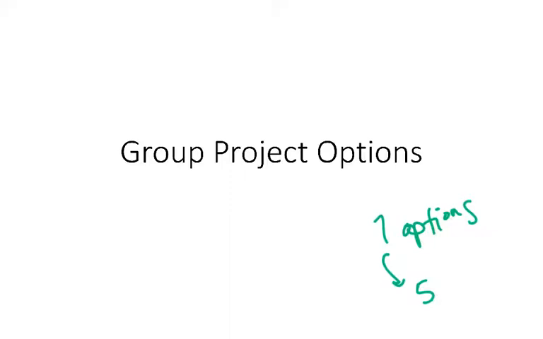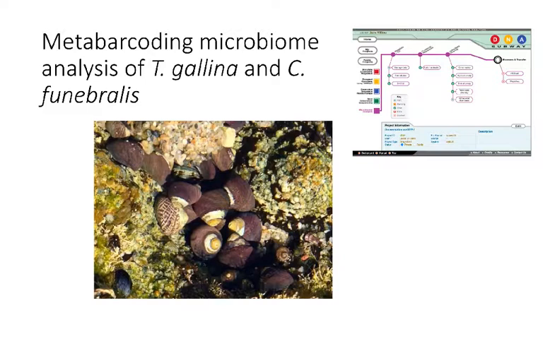you all are choosing. So the first option is doing metabarcoding microbiome analysis of 2 different related species of intertidal snail, Tegula galena and C. funebralis.